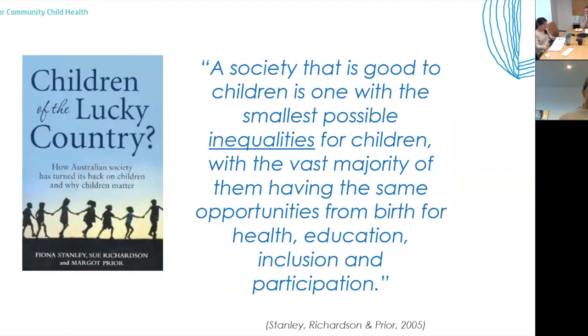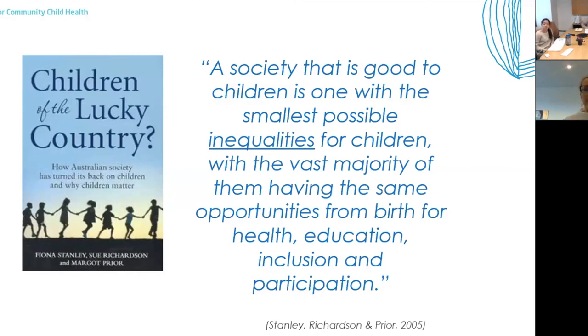I think that's pretty exciting for people to come for, but more importantly is trying to work out how we can make a difference for children in Australia. And when I give these presentations, I always start with this quote. It's from a book written by Australian authors and says that a society that is good to children is one with the smallest possible inequalities for children, with the vast majority of them having the same opportunities from birth for health, education, inclusion and participation.